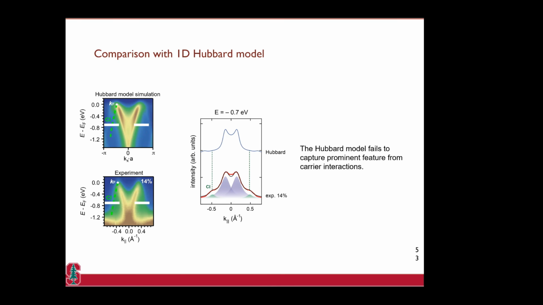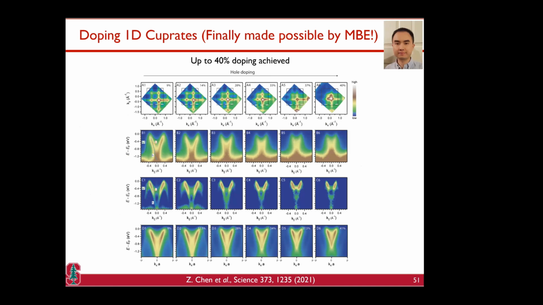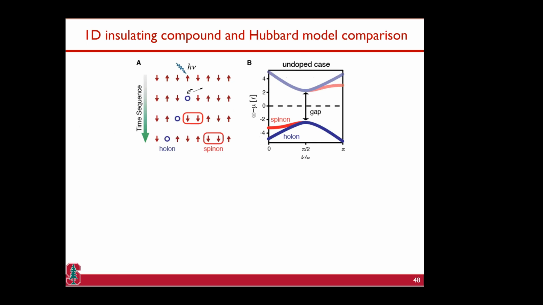Okay, maybe I can go back to this just to visualize that. Let's say I have an antiferromagnetic chain, and I take one electron out, this real electron with both spin and charge.